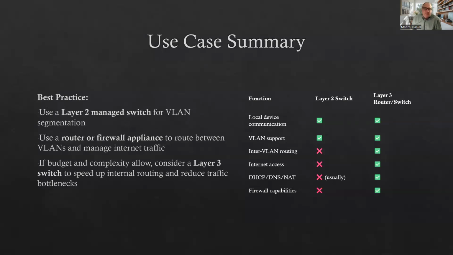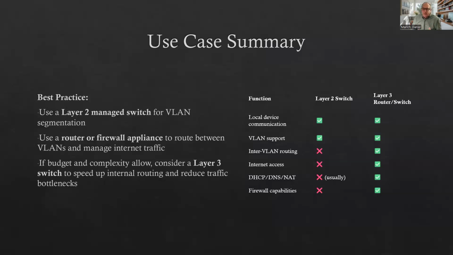When I say ideal for VLAN segmentation, that means that if you're using a layer 2 switch, you can assign specific ports to a VLAN, but that's still managed by the router upstream. So it won't be able to go from one VLAN port, even in the same device, to the other VLAN port. It's not set up like that. It has to be done at layer 3, and that's why it's better to just manage everything at your layer 3 router.